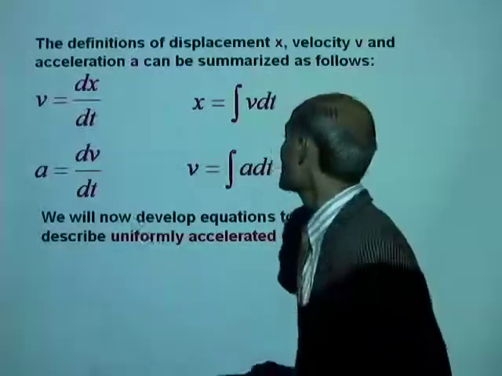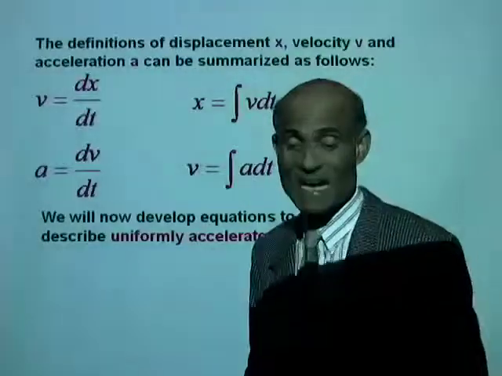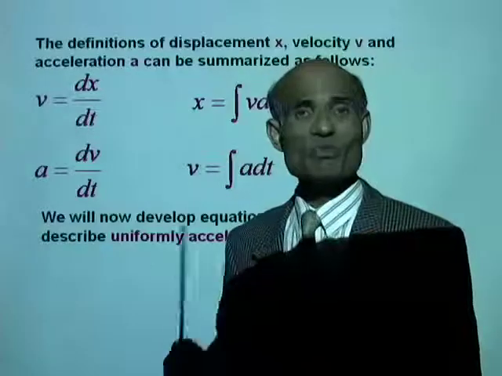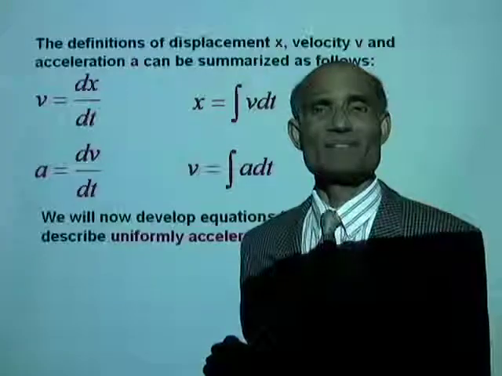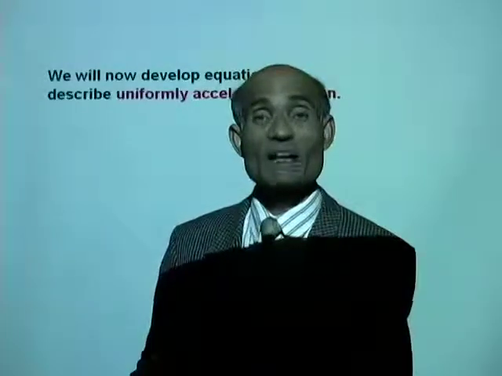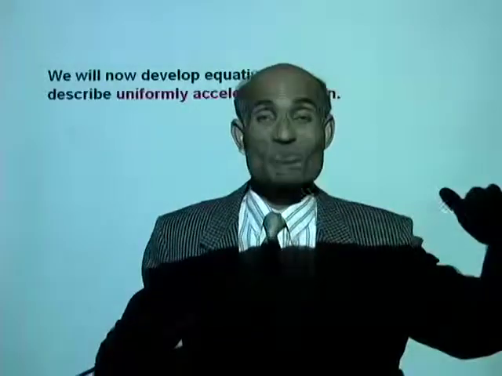Now, we will develop equations to describe uniformly accelerated motion. Alright? What is the meaning of uniformly accelerated motion? Uniformly accelerated motion means that the acceleration remains a constant throughout motion.